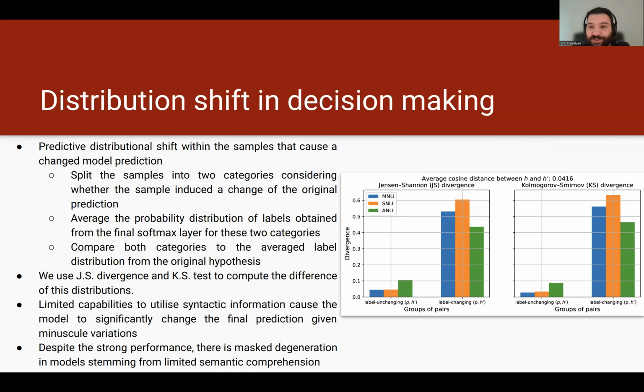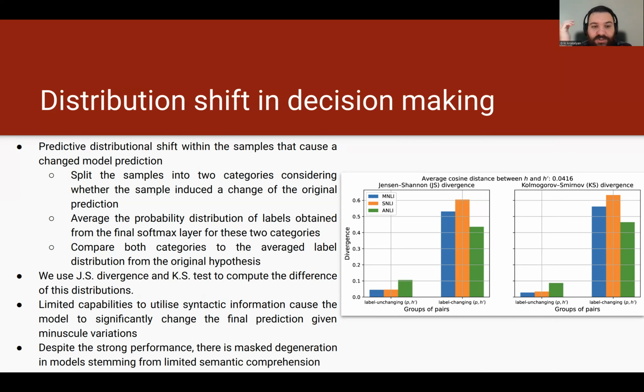However, to compare distributions we use Jensen-Shannon divergence and Kolmogorov-Smirnov divergence. We see that when a label is changed, it's almost exactly flipping the distribution towards something entirely different. So it's not a small effect. It's a very massive effect that happens averaged out across all of the examples.